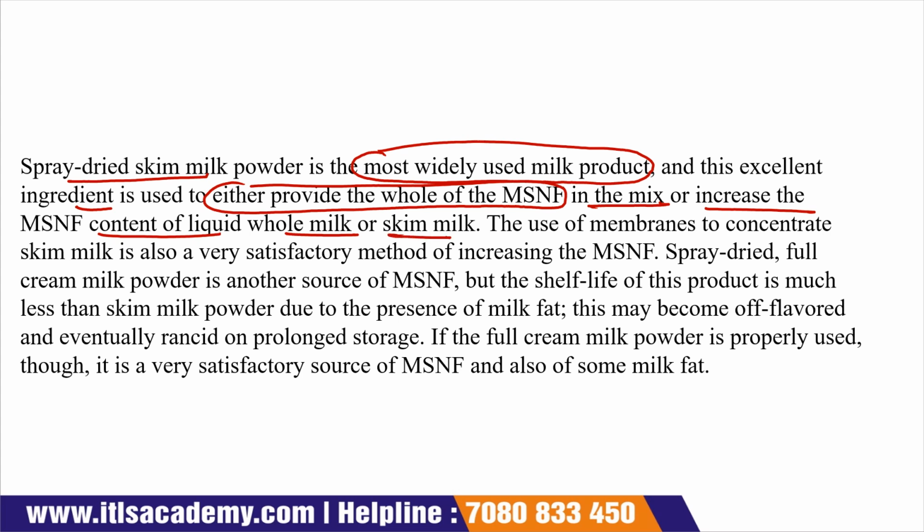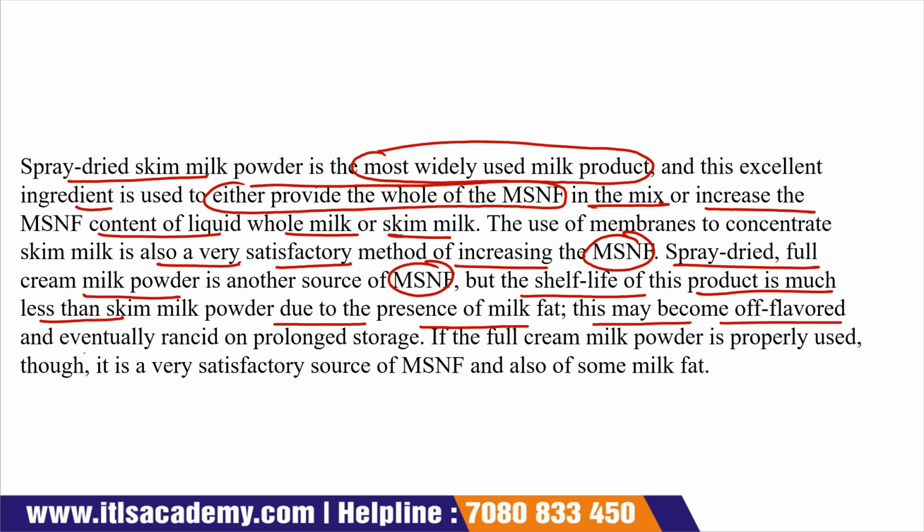Then use of the membrane so that the skim milk is concentrated is also a very satisfactory method for increasing the MSNF. Spray dry full cream milk powder is another source of MSNF, but the shelf life of this product is much less than skim milk powder due to the presence of milk fat, and this may become off flavor and eventually rancid on prolonged storage.